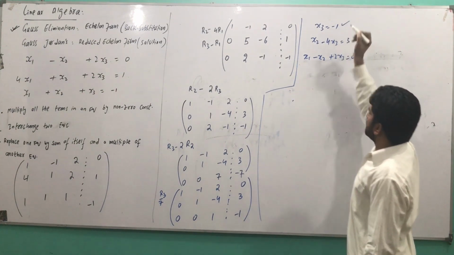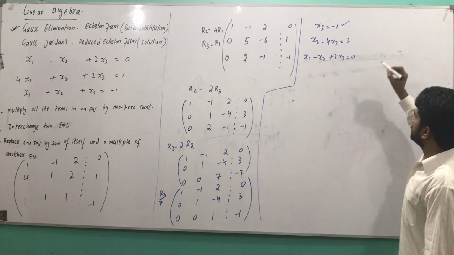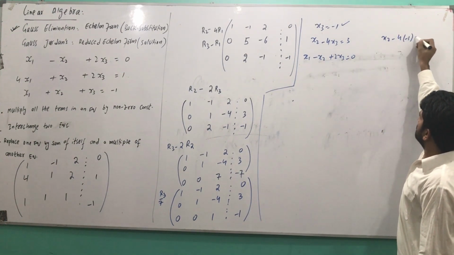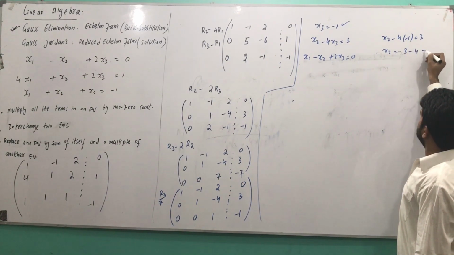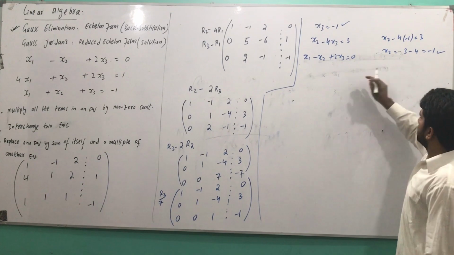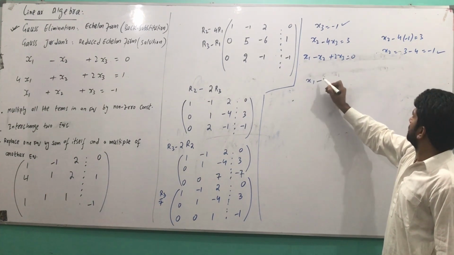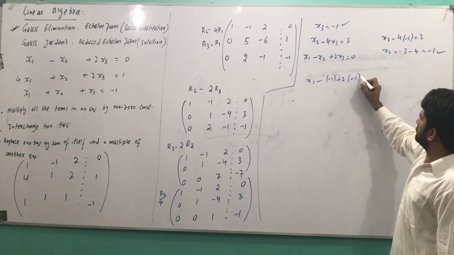We have the x3 answer. If you put it in this equation, you get x2. So x2 minus 4, x3 is minus 1, equals 3, then x2 becomes 3 minus 4, which is minus 1. And we have x2 and x3, put in this. So x1 minus x2 is minus 1 plus 2 x3 is minus 1 equal to 0.